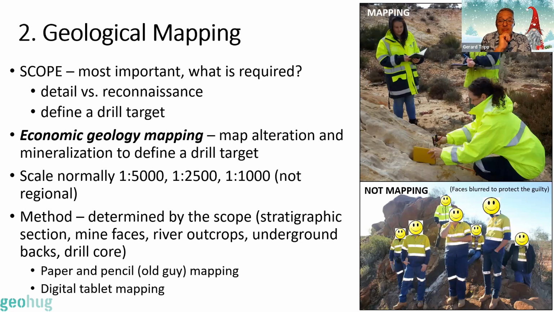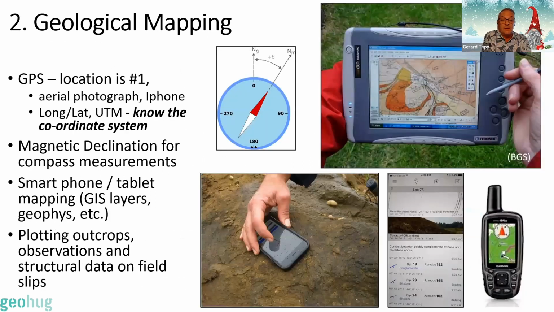Depending on what we're trying to do, whether we want to map a stratigraphic section, a mine face, a river outcrop, or underground backs, all of those scales and requirements need a different approach. These days, if you're a crusty old guy like me and you're still using a notebook, that's fine.